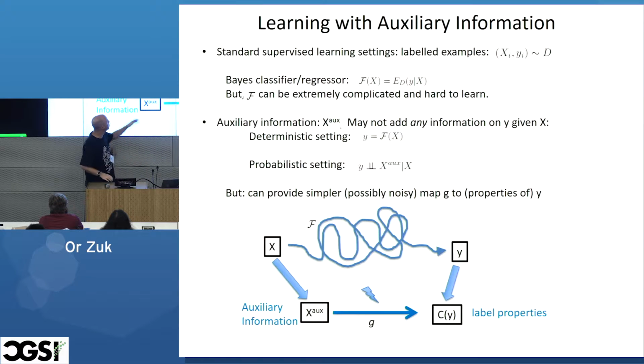However, because this function from x to y may be very complicated, and because we don't know this function or the joint distribution, we may use additional information. It could be noisy, and the relation between this information and y, or some summary statistics or properties of y, could be much noisier, but hopefully it will be simpler to learn.